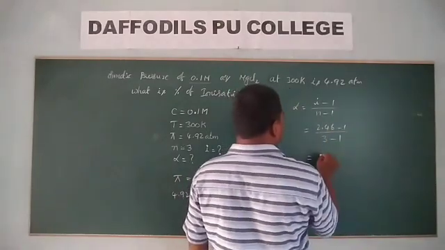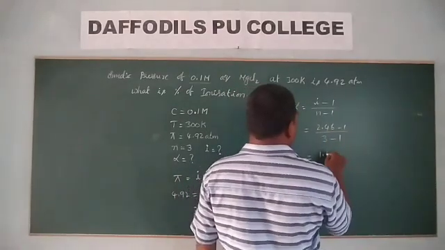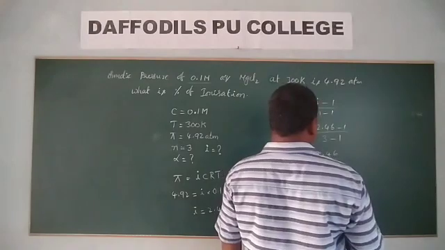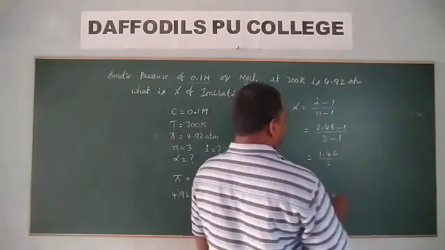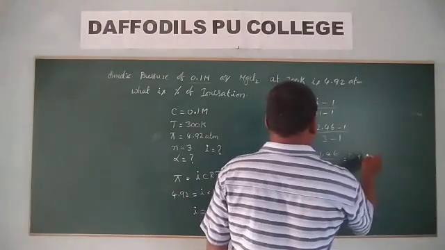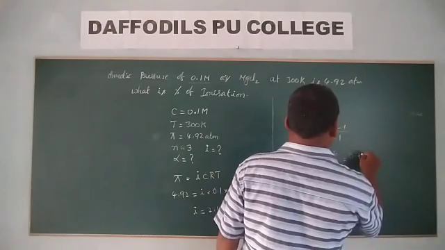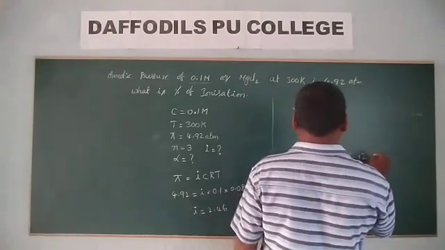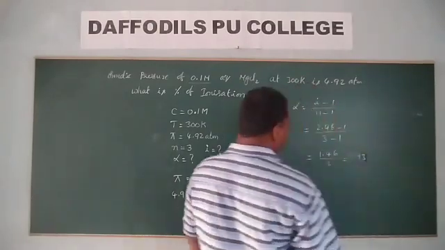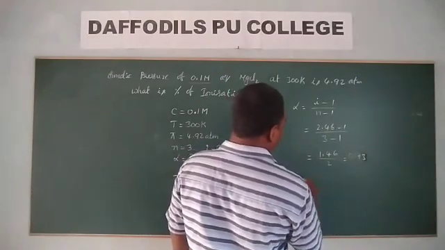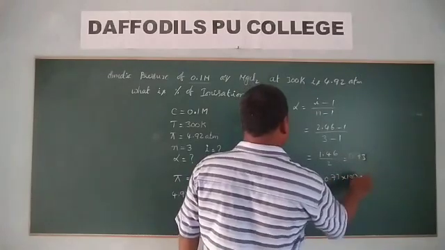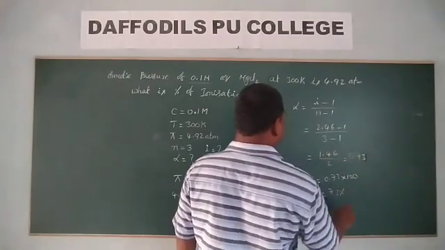So this one comes as 1.46 by 2, which is 0.73. So percentage of alpha is equal to 0.73 into 100, which is 73%.